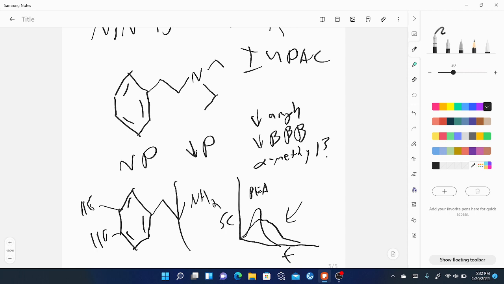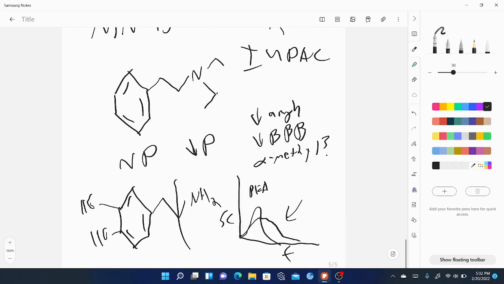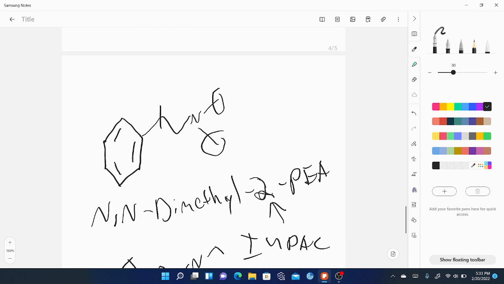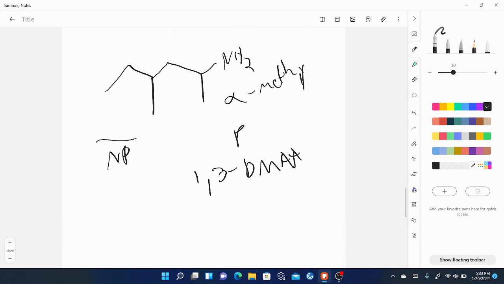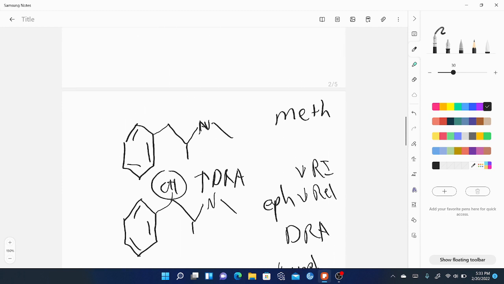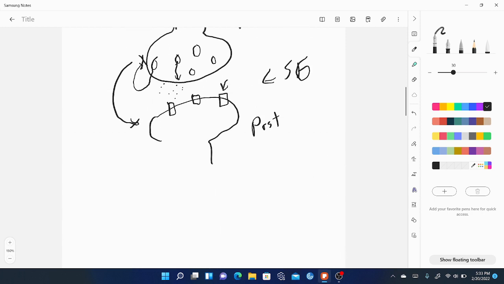I think the only thing it would be limited to would be as a releasing agent, and may be mostly restricted to the periphery. So it may affect blood pressure, but likely non-tangibly. And so, you know, the PEA analogs, again, have been studied since the 1940s when they realized putting an alpha methyl changes the character of phenylethylamine substantially.